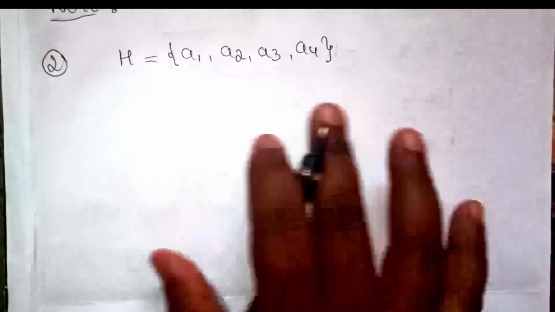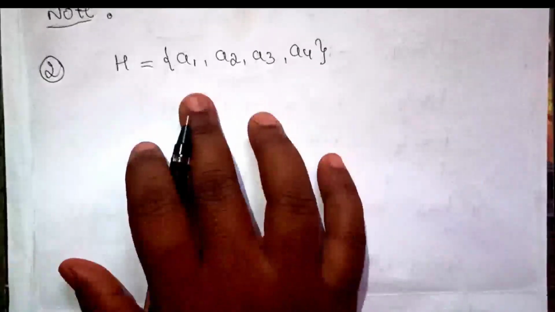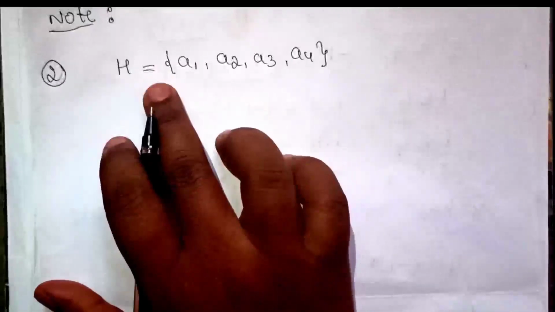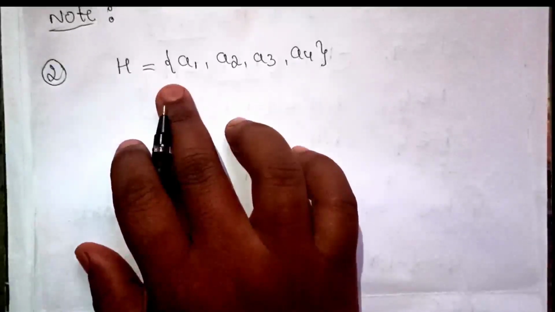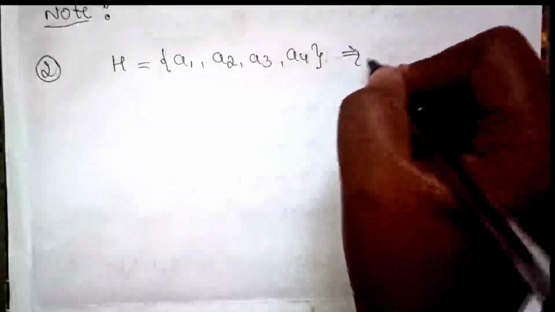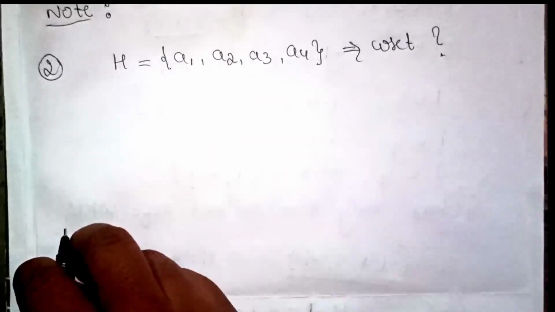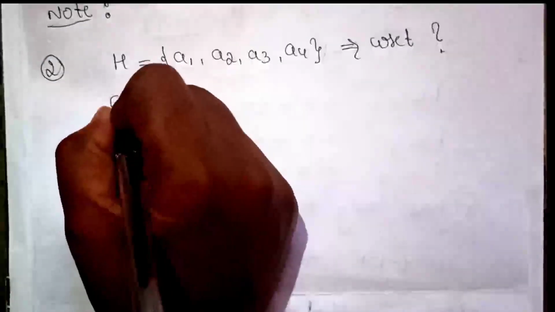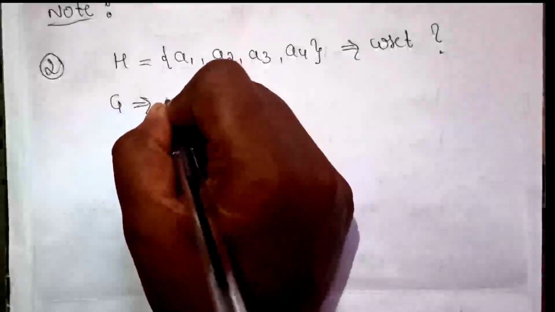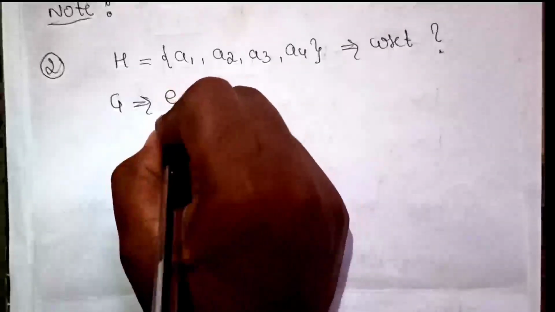Now come to the second point. My question is whether this subgroup H itself is a coset or not. So see here, G is a group, so definitely it contains the identity element.